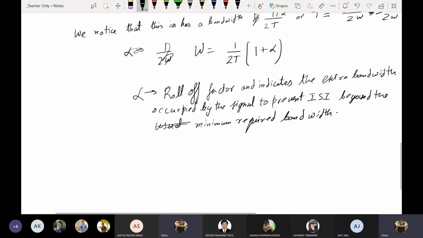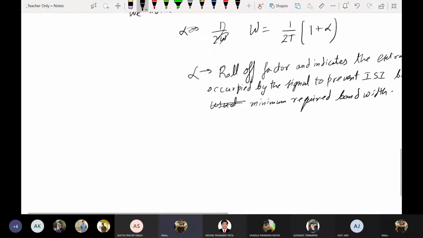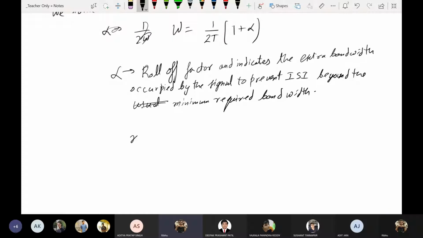And from here, it is easy to show that this is just a lot of mathematical jugglery, so I won't be doing this.